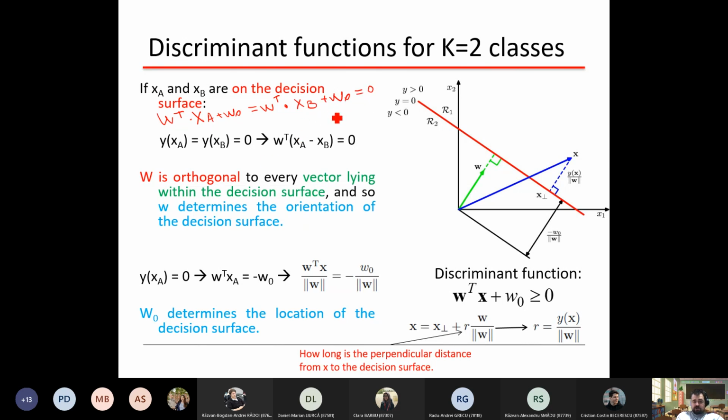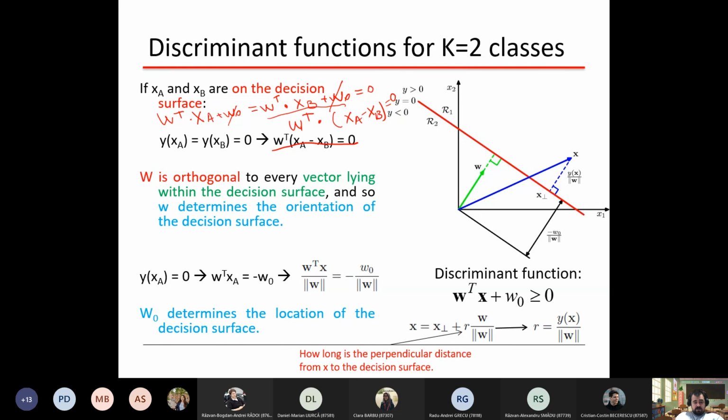I will try to subtract the second part from the first part. And that means that W0 will disappear. And we will have W transposed multiplied by xa minus xb equals to 0. So this is the formula that we are interested in.